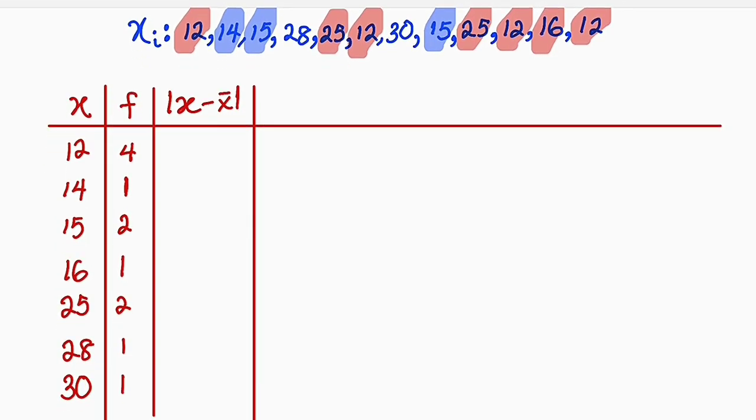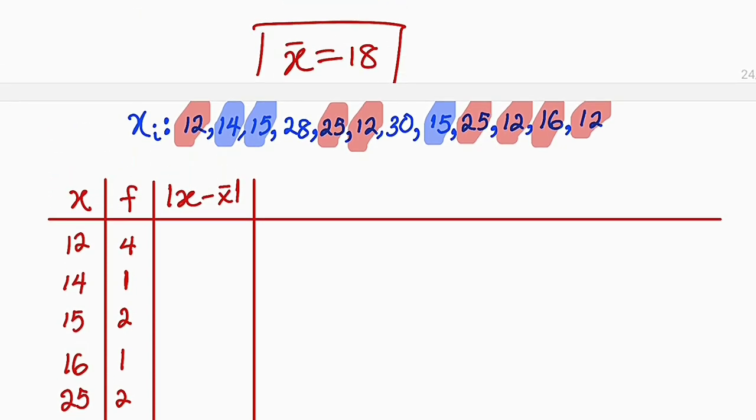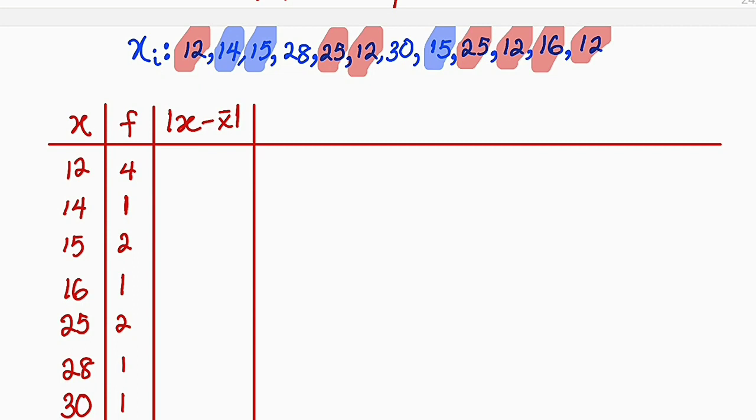So x minus x bar means we should take 12 and subtract 18. And that will give us what? Negative 6. But since we have an absolute value, it will transform it to positive. So we have 6. 14 minus 18 is negative 4. Absolute value of negative 4 is 4. 15 minus 18 is negative 3.